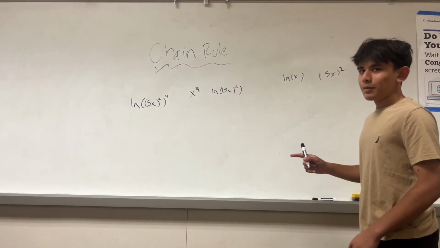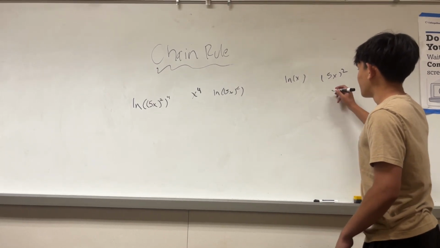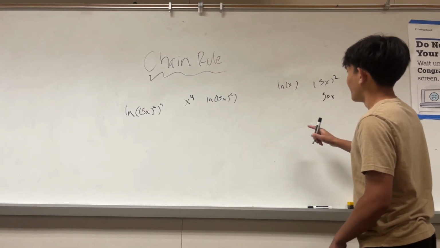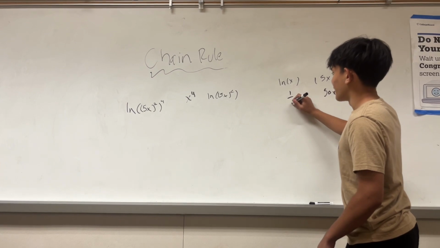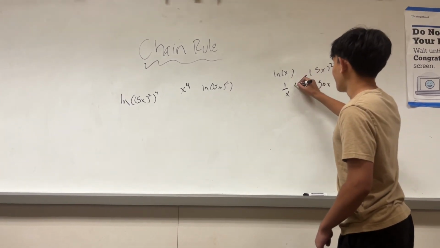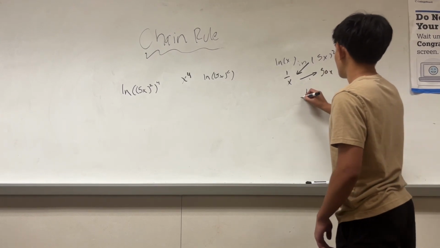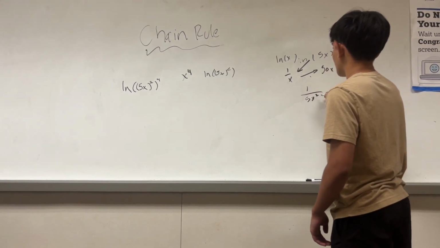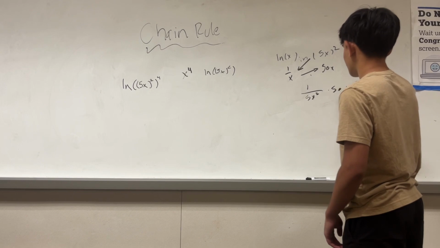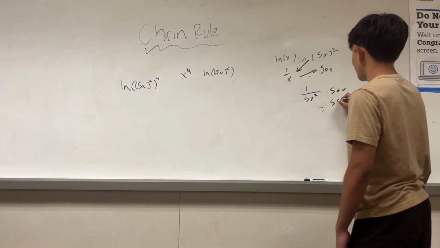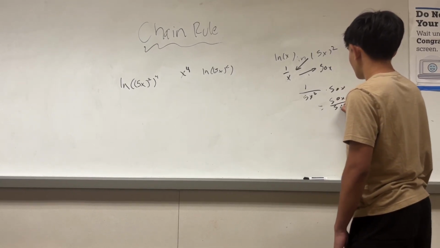We saw in the previous problem that the derivative of 5x squared would just become 10x, and then ln of x would just become 1 over x. Then you would do in and multiply. So it would become 1 over 5x squared times 10x, which is equal to 10x over 5x squared.